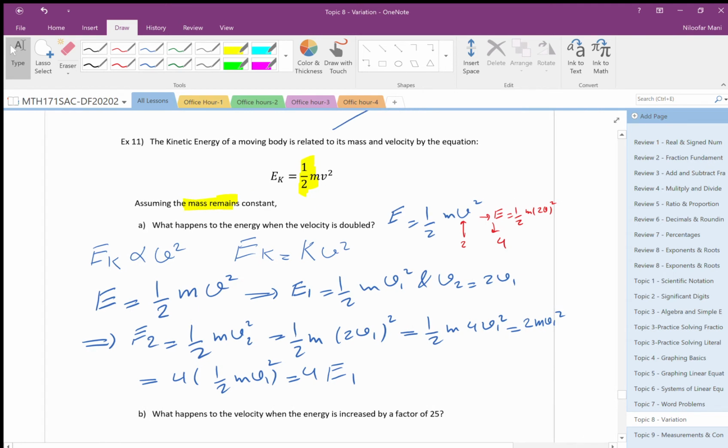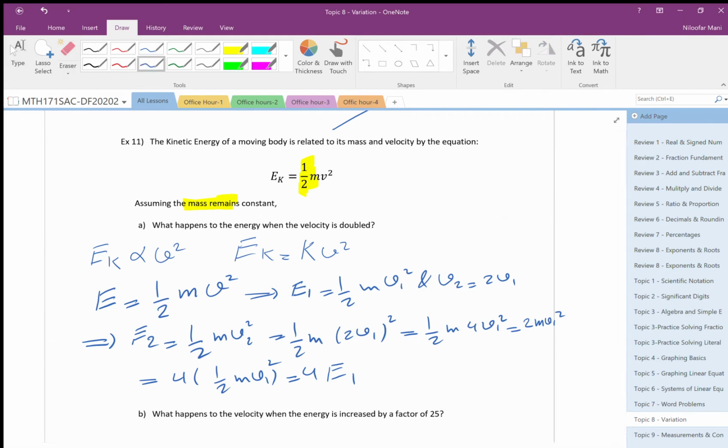I just put 2 inside the bracket, and 2 squared is 4. Let me show it here because I need more room.